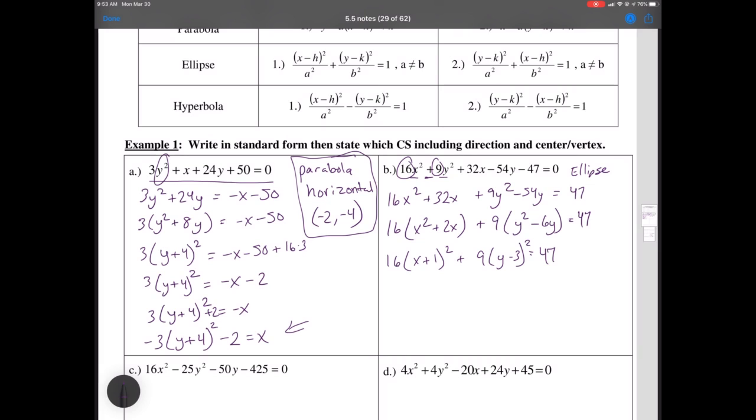That was 47 plus 1 squared times 16, that's just 16, plus 3 squared, which is 9, times 9, is 81. So combine all that together. That gives you 144. So we'll divide both sides by 144.